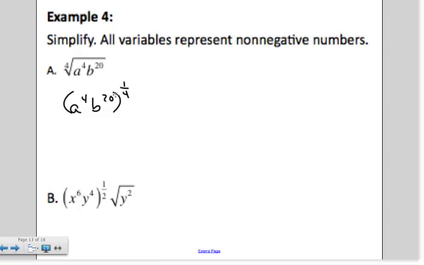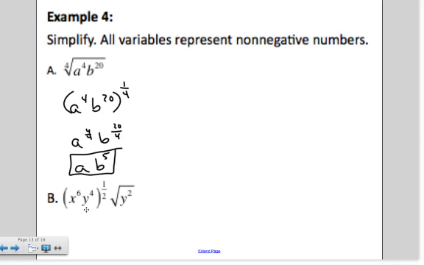Remember, when you raise a power to a power, you multiply the exponents. So this is a to the 4/4, b to the 20/4. Remember when you multiply fractions, you're just multiplying across, so 20 over 1 times 1/4 is 20/4. Now we can reduce the fractions. Well, a to the 4/4 is a to the 1, and it's an understood 1, so I'm not going to write it. And b to the 20/4 is b to the 5. So this is my answer, a times b to the 5th.